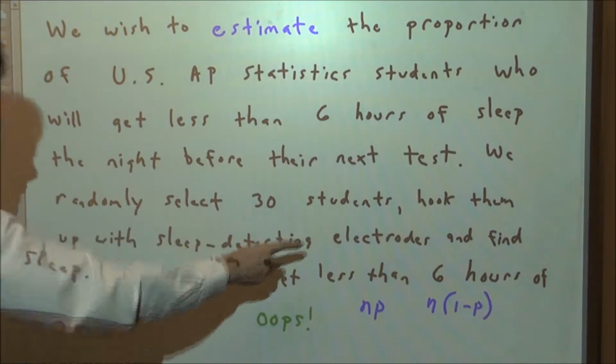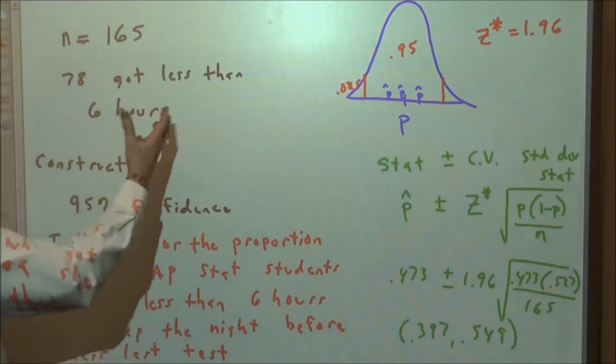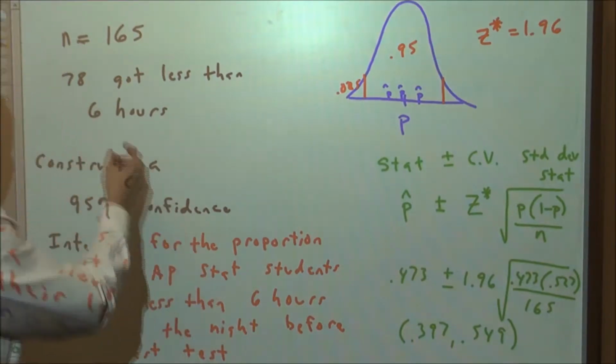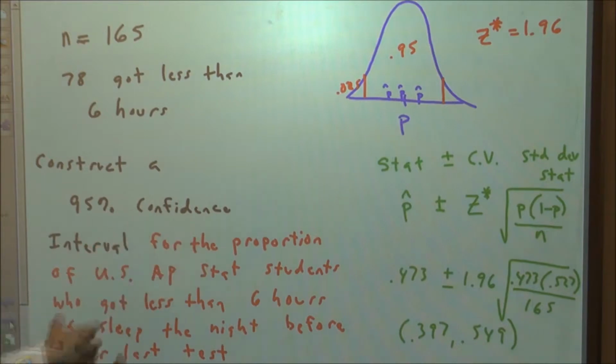So we abandon the electrode thing, which is a bad idea anyway, and now we're going to take a sample of 165 students, and let's suppose that 78 of them got less than 6 hours the night before their last exam. So we wish to construct a 95% confidence interval.